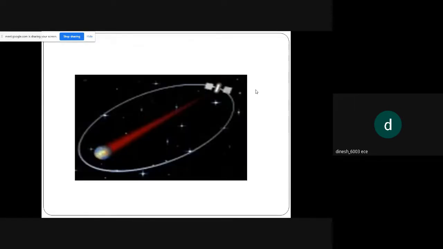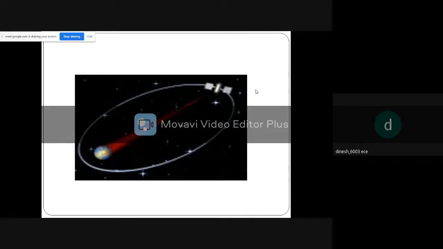Keep in mind, when this smaller body, which we call the satellite, revolves around the larger body, Earth, it will take some period of revolution.